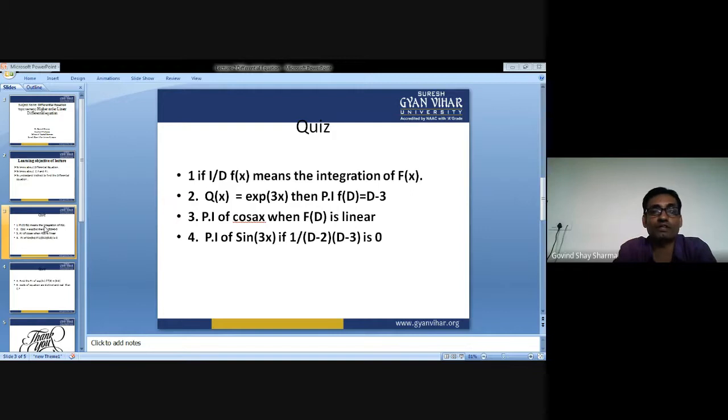PI of cos ax when fd is linear. Here linear means maybe fd is equal to d minus a or d plus a. Okay, both cases you have to discuss here.